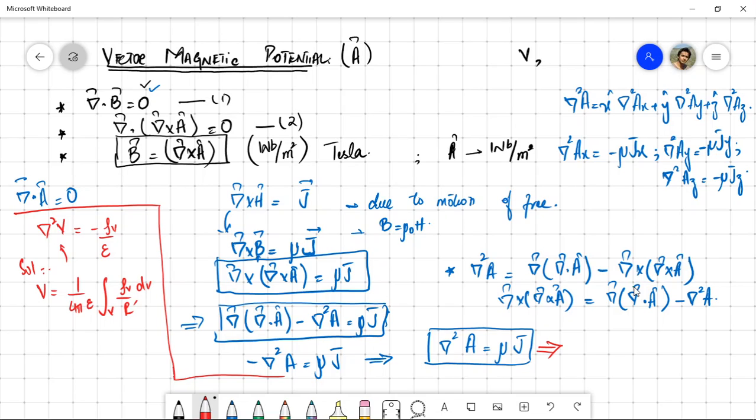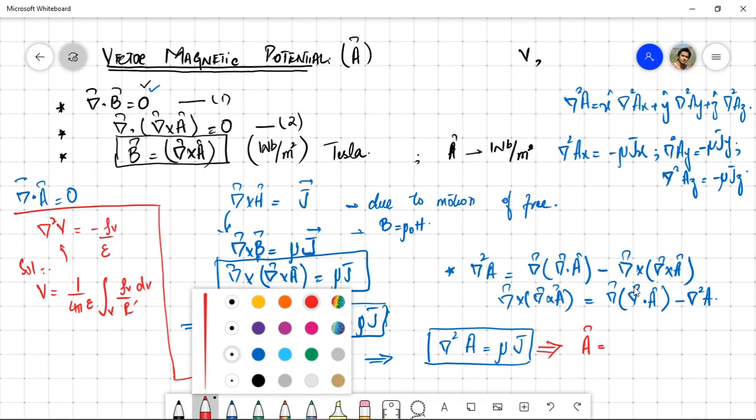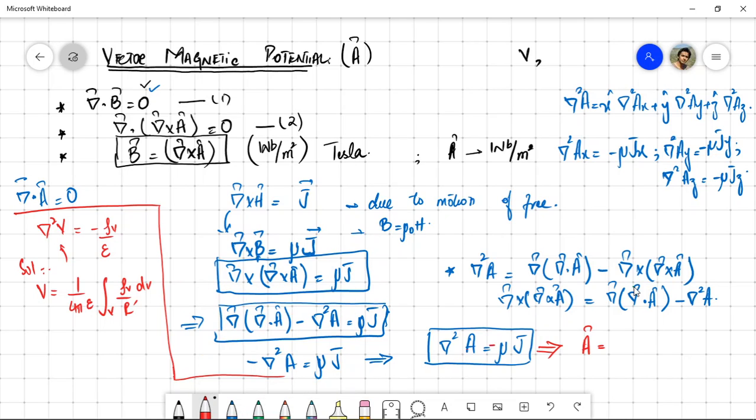So what he's saying is that if we want to compare these two things, what will be the solution of vector magnetic potential? If you take a look at this equation right here, you can see that we have ∇², and we have a minus sign, the same as here.